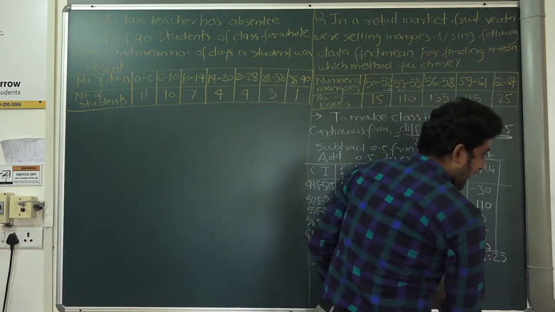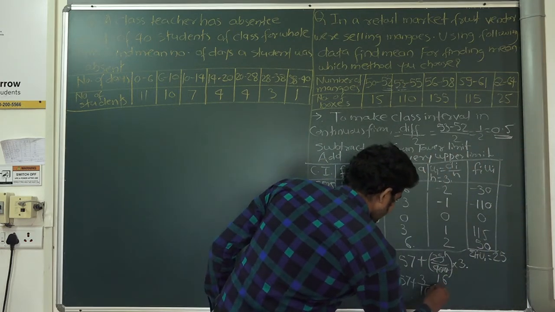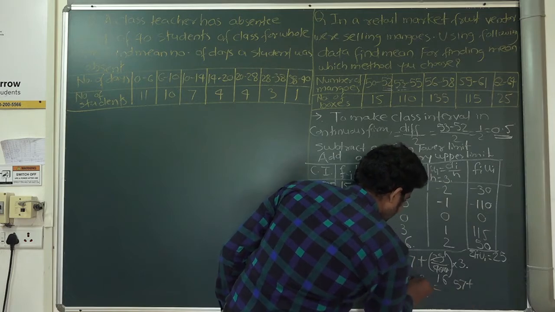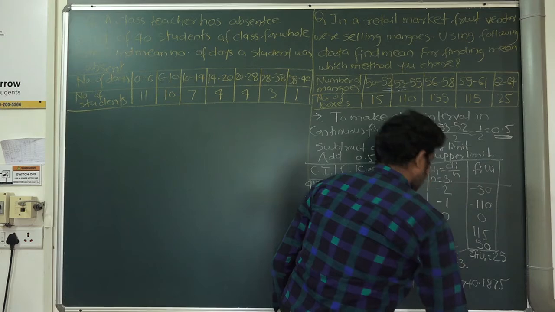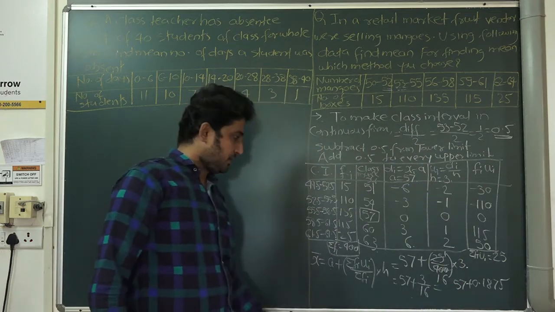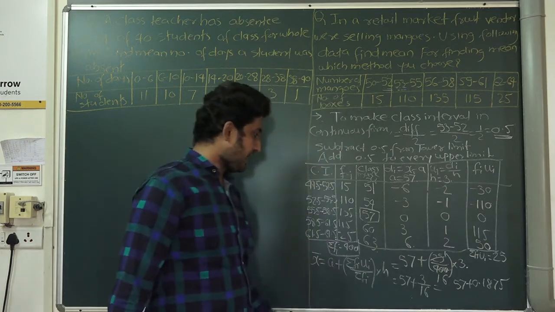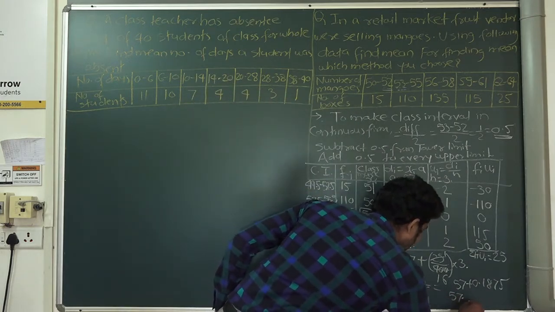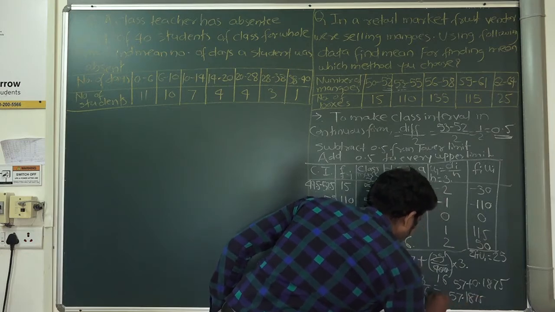If you divide, 3 by 16 is 0.1875, and this is 57.1875. This is our value.